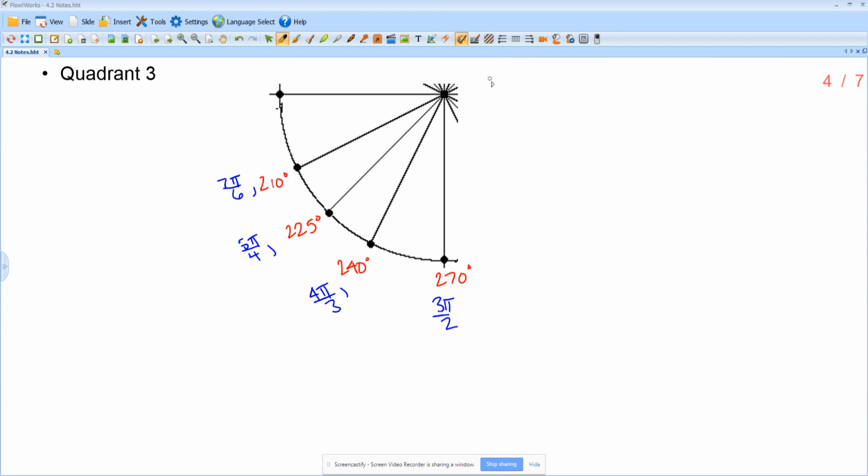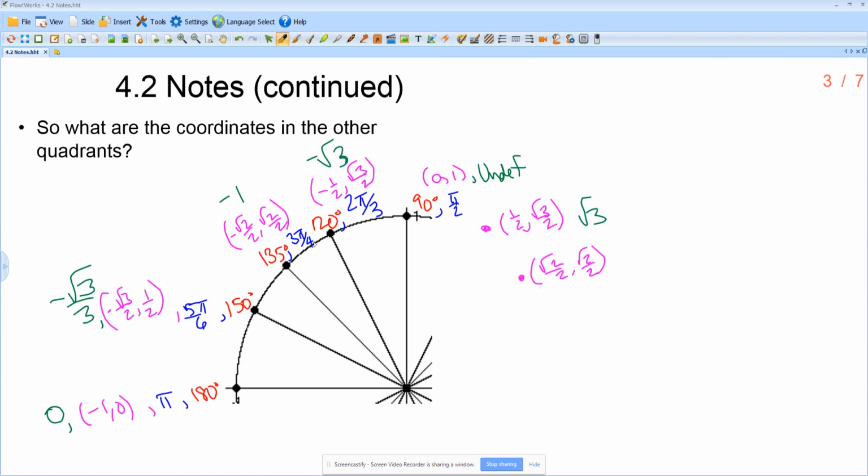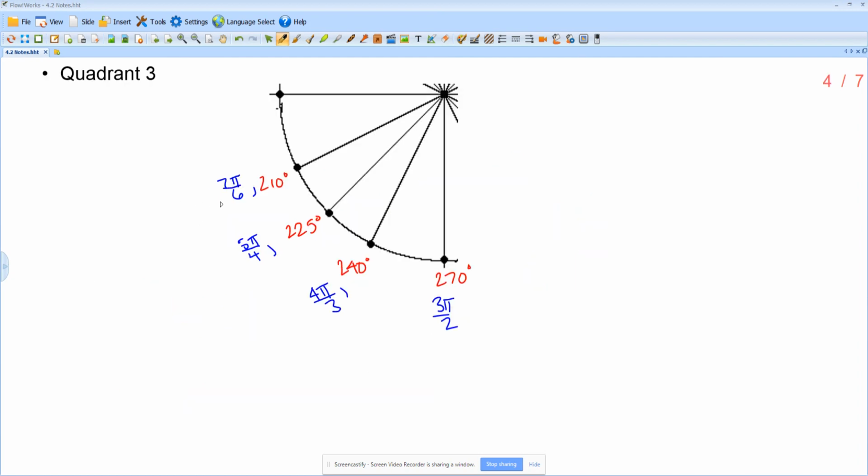For my coordinates, all we're doing is taking these pink coordinates and now reflecting them downwards over the x-axis. So this coordinate is still going to be just right here, very close to this 180, but now x and y are going to both be negative. So I'll have this coordinate being negative root 3 over 2, comma, negative 1/2.